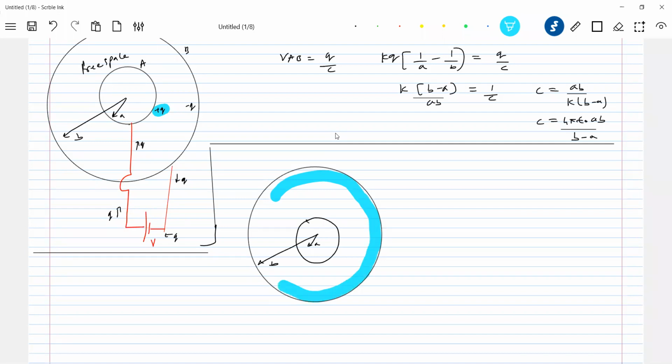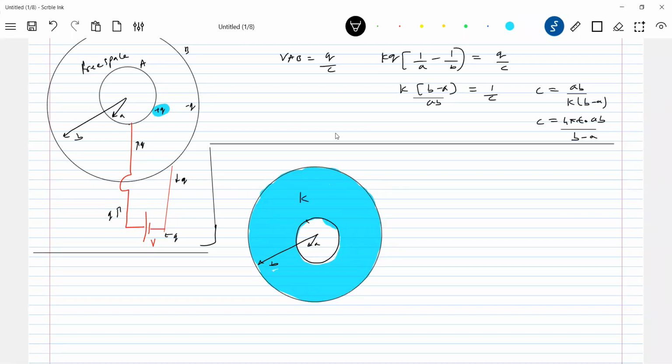In general, epsilon r, usually we give the symbol K. Will the capacitance increase or decrease in the case of a spherical capacitor? Let me call it K.